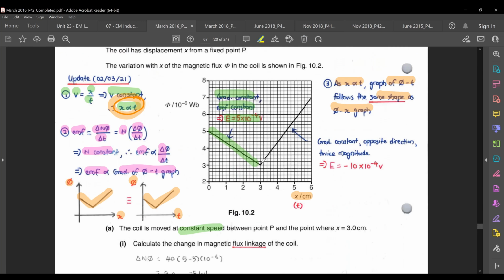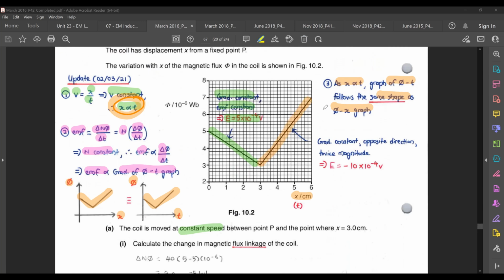How about the second part here? Now for the second part here, you can say the gradient is constant, it's opposite in direction. You can eventually work out that it's going to be twice the magnitude, because you again have to look at the changes in y and changes in x. This one is your change in x. Both of them are the same, but this one is your change in y.